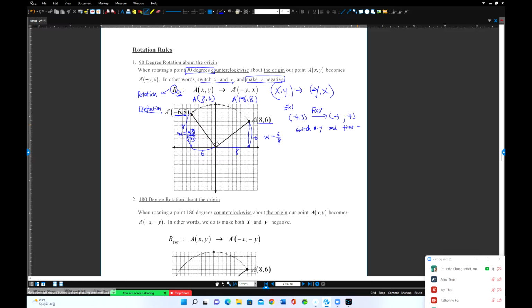Okay, one more. If you have a point, I'm going to use a different symbol. Also, you can do a 90 degree rotation of (2, 3). That's the same thing. You can use this method or this method. Where is the center?